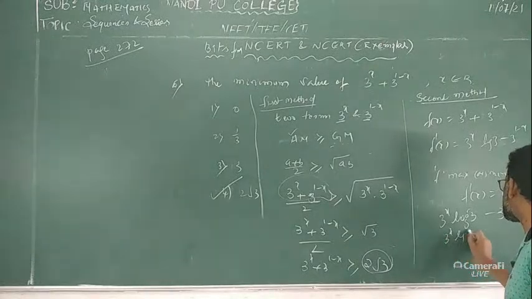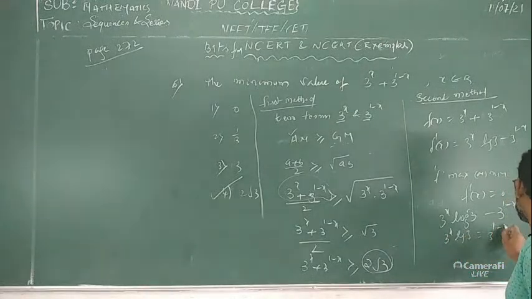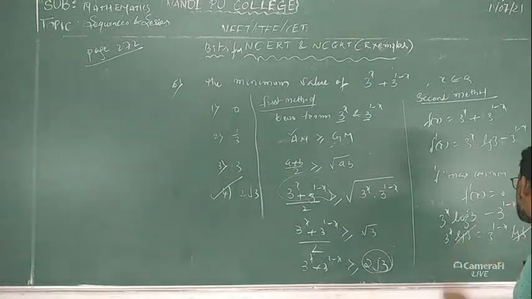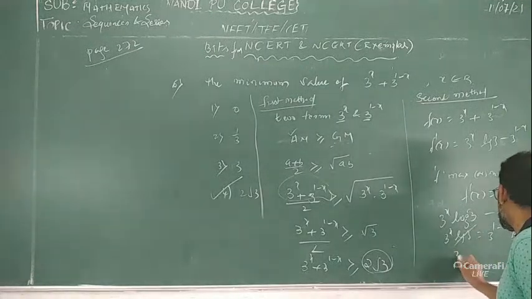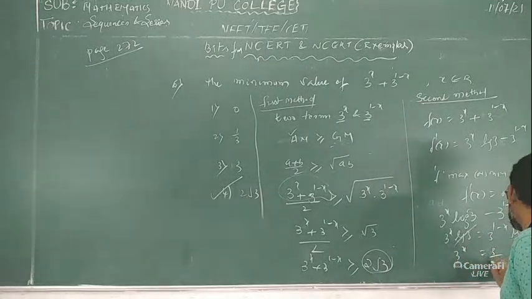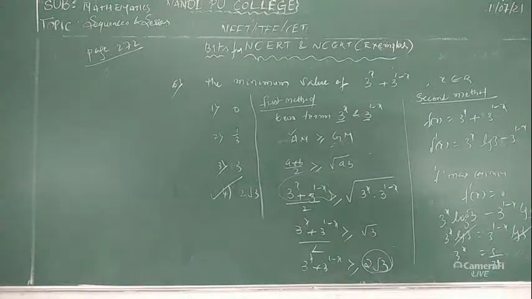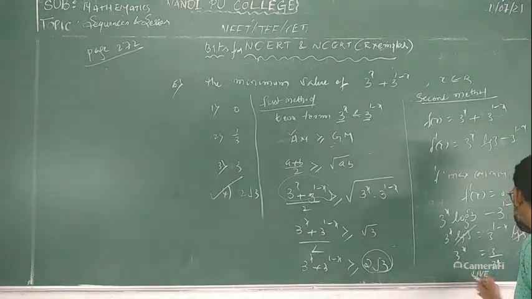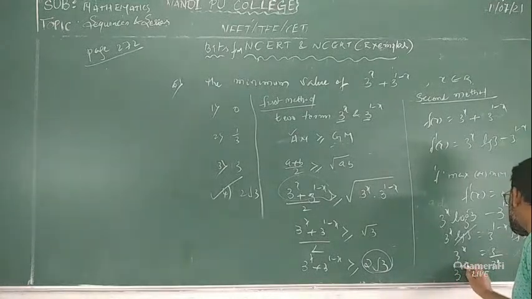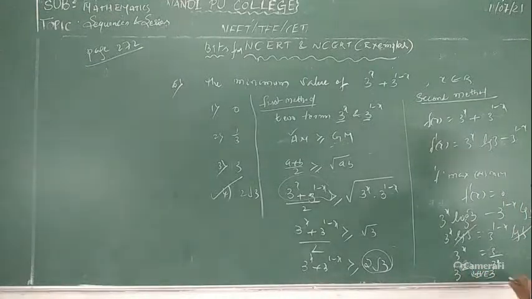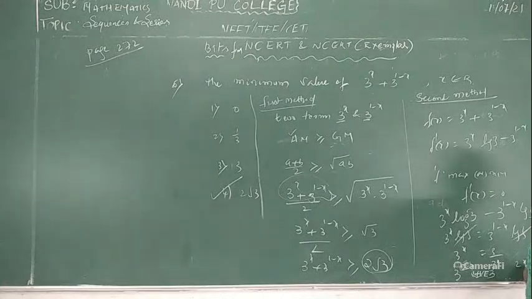Therefore 3 power x log 3 gets cancelled. Therefore 3 power x is equal to 3 by 3 power x. So now it can be written as 3 power 2x is 3. Therefore 2x is equal to 1, x is equal to half. This x value, if you substitute in this function, that will be the minimum value.